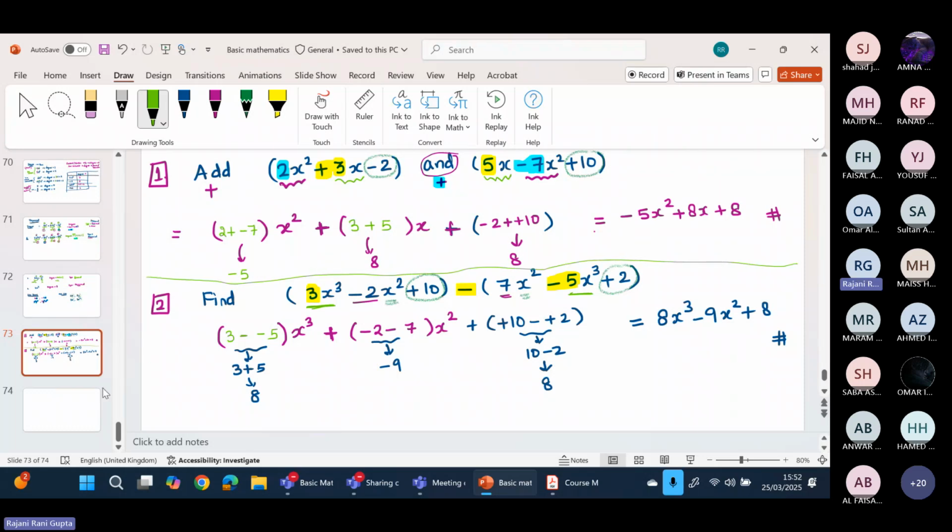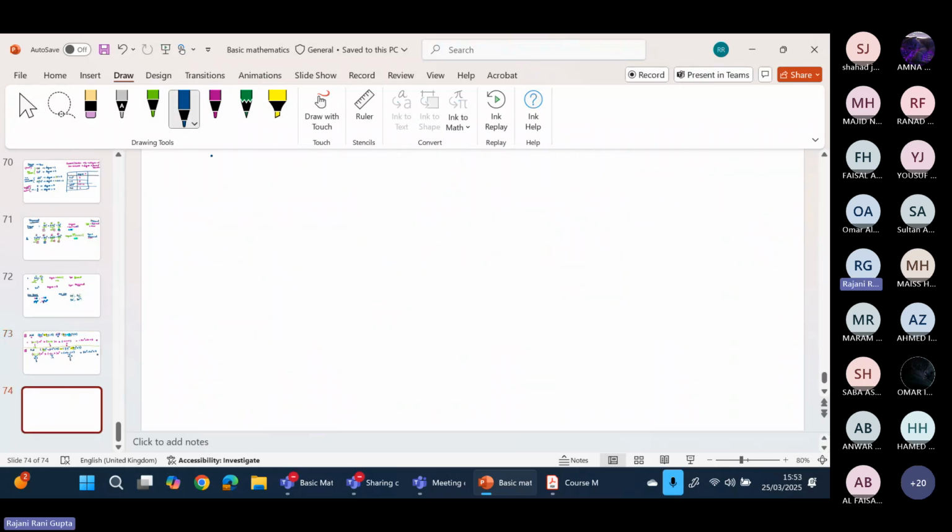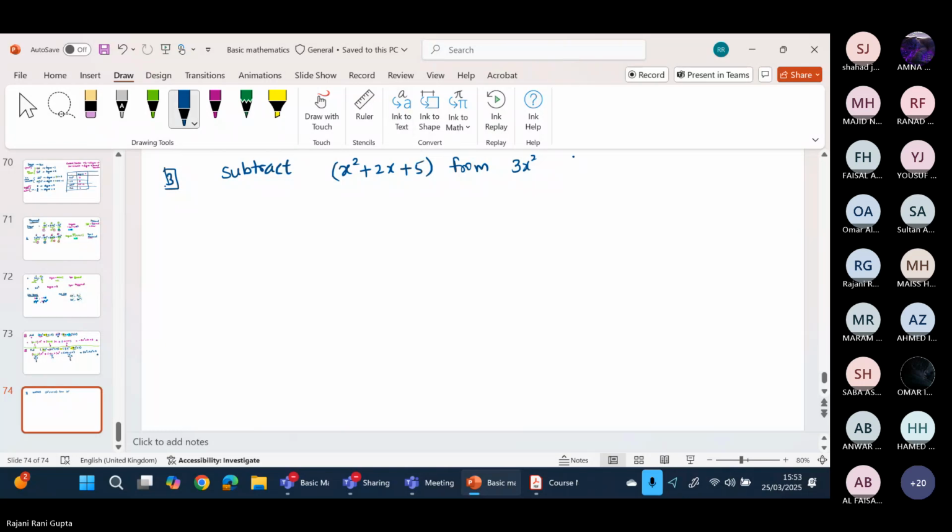Okay. So in subtraction, they can ask you the question in this way as well. Subtract, say, x square plus 2x plus 5 from 3x square plus 2x minus 5.